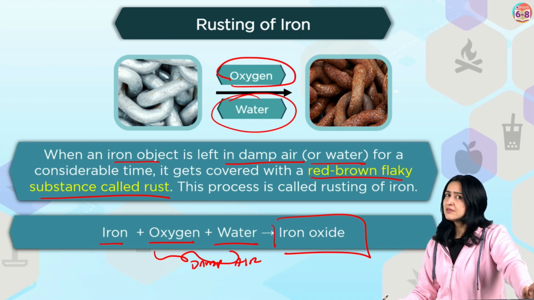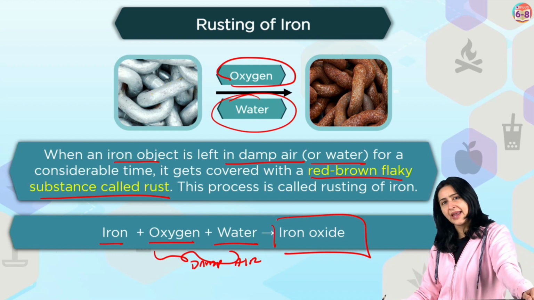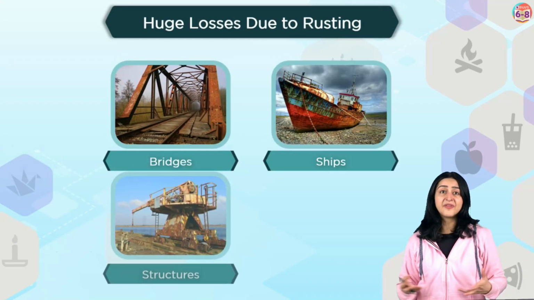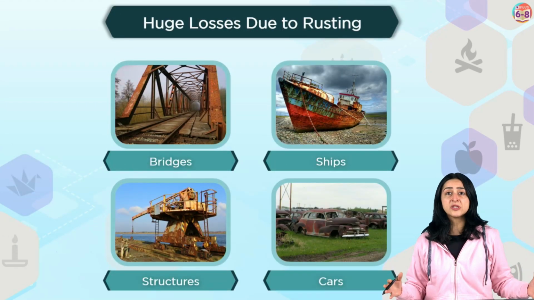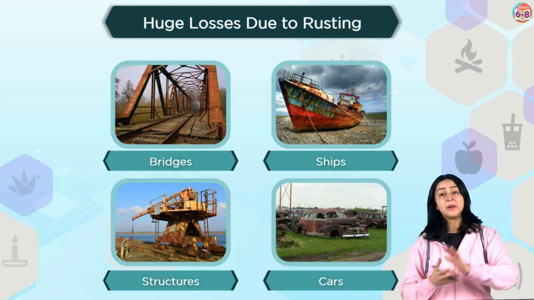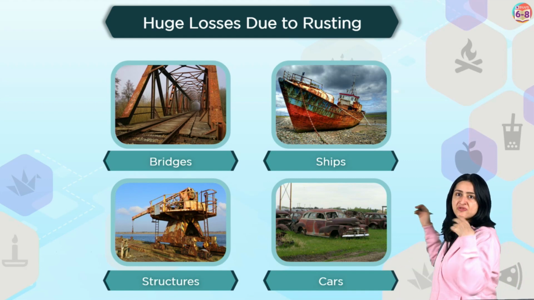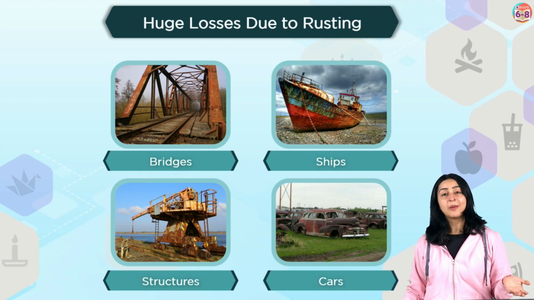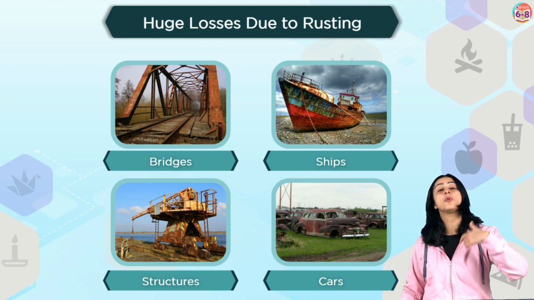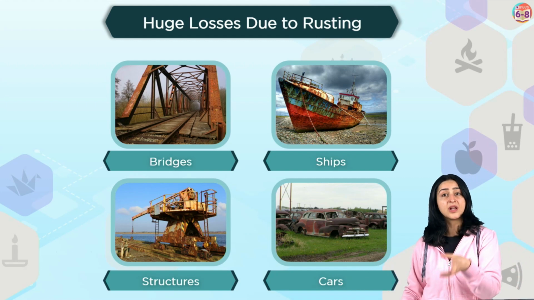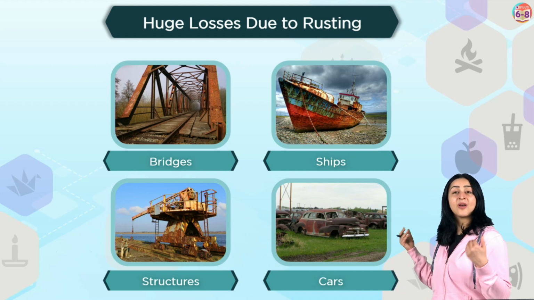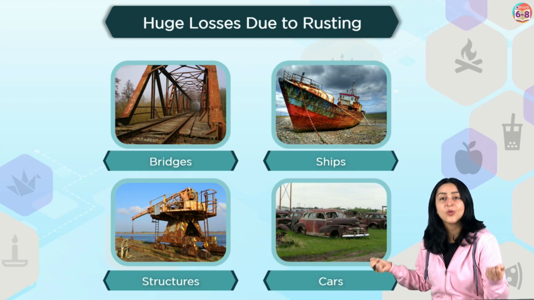Now, rusting is not a very good chemical change. Why? Because things keep getting spoiled. In fact, there are huge losses because of rusting. We use iron to build bridges, big ships, structures or cars. After a period of time, because of exposure to air, namely oxygen and moisture, rust starts getting formed, and that metal starts corroding.